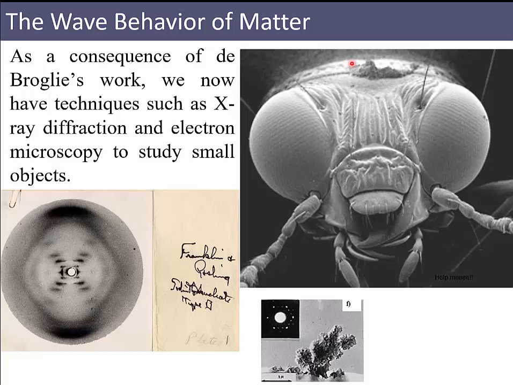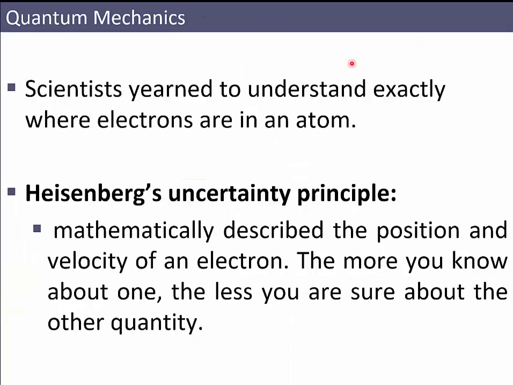Lots of things are smaller than 200 nanometers, and so if you want resolution smaller than that, you can use an electron microscope to beat that diffraction limit. If you want to increase the magnification and get higher resolution, you just accelerate the electron a little bit faster in your electron microscope. That's going to shorten the wavelength and increase your resolution, which has the effect of increasing your magnification.